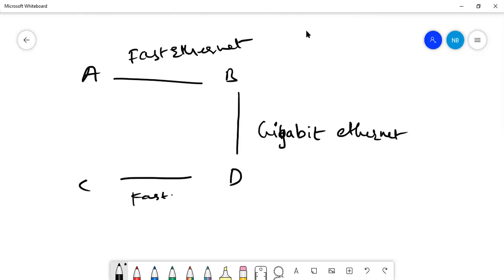See, we are talking about the metric cost. And similarly A to C is also fast Ethernet.